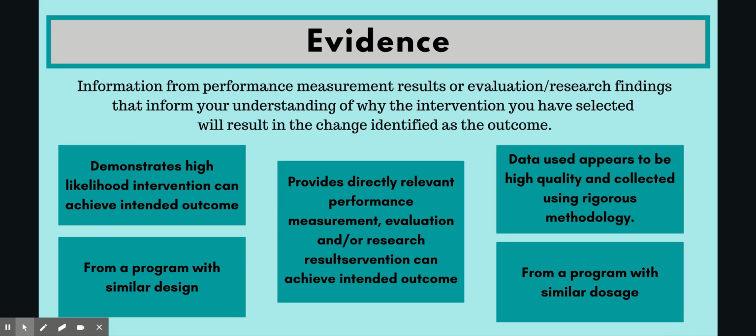The last slide in this micro lecture focuses on the evidence for your intervention. So, evidence is the information from performance measurement results or evaluation or research findings that inform your understanding of why the intervention you have selected will result in the change identified as the outcome.